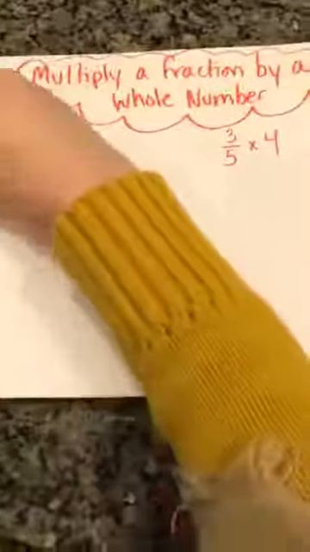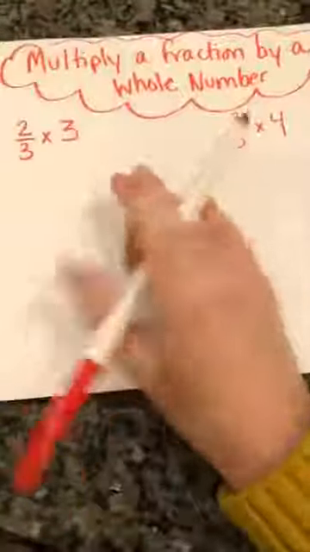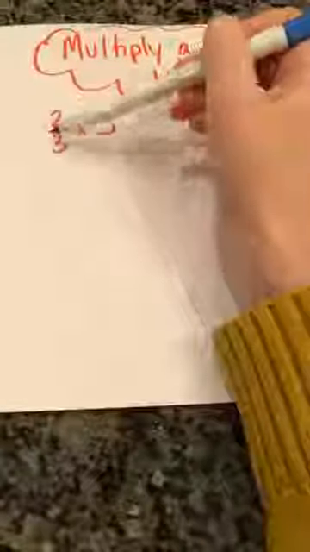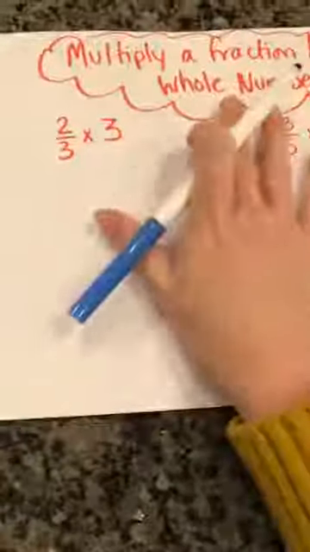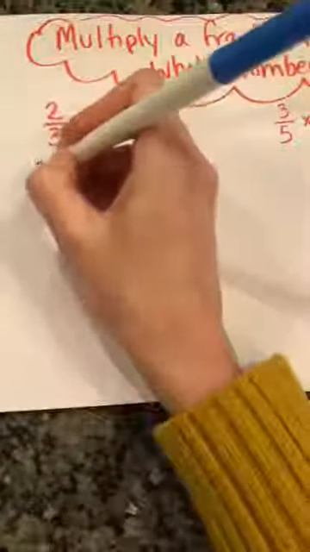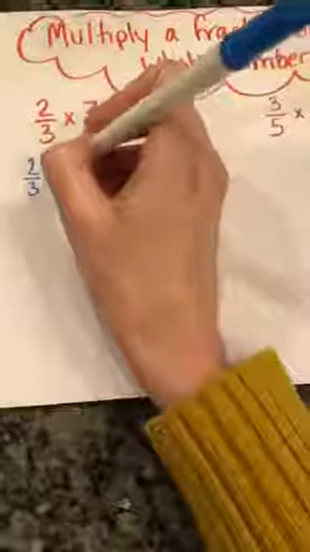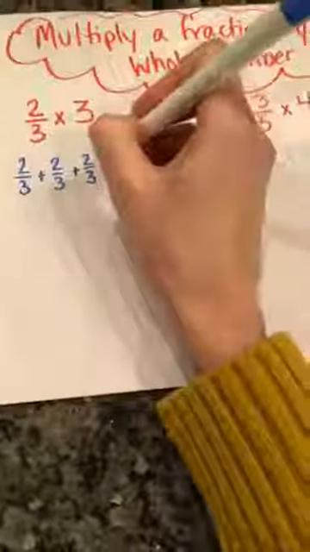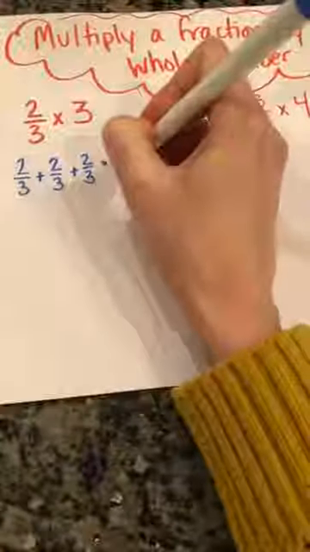Let's now do multiplying a fraction by a whole number. So what this truly means to me when I look at this is that I'm seeing groups of 2/3 and I'm seeing 3 of them. So ultimately my first reaction is, well, can I just say 2/3 plus 2/3 plus 2/3, which would give me 6/3?